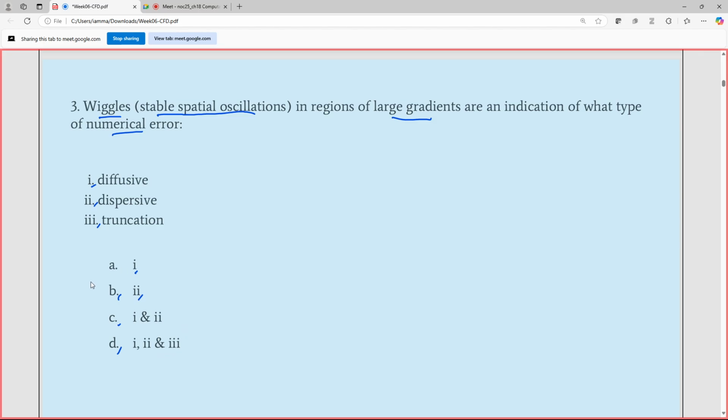So, which among the following options is right? You can invoke your answers.